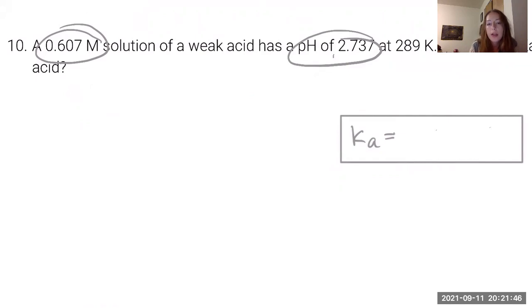First thing I would do is kind of set up an ICE table. All right, so I'm going to abbreviate our weak acid as HA plus water.